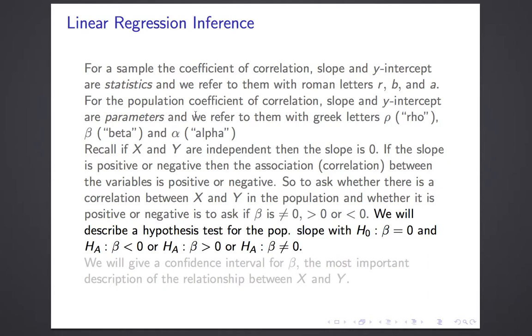So that means the natural hypothesis test for linear regression is to take as our null hypothesis beta equals 0, and as our alternate hypothesis beta is less than 0, or greater than 0, or simply different from 0.